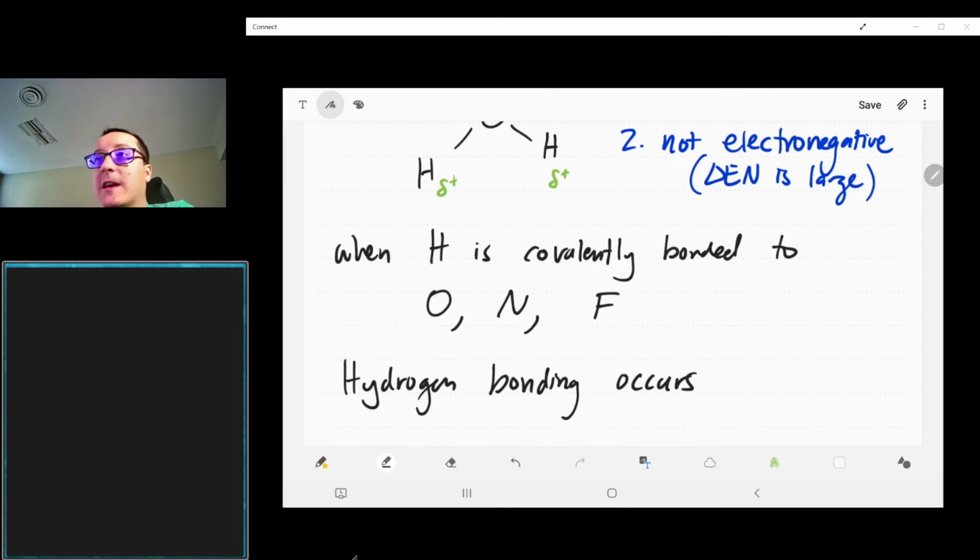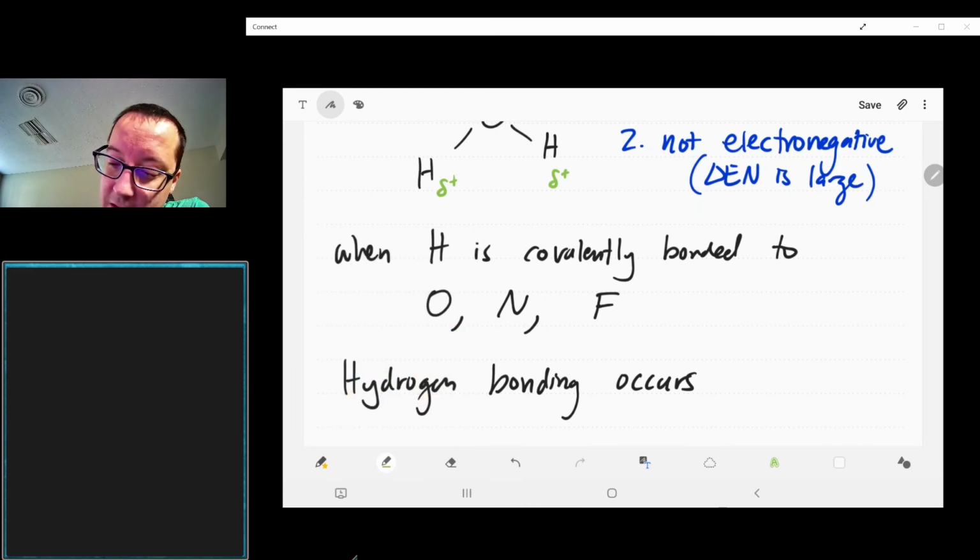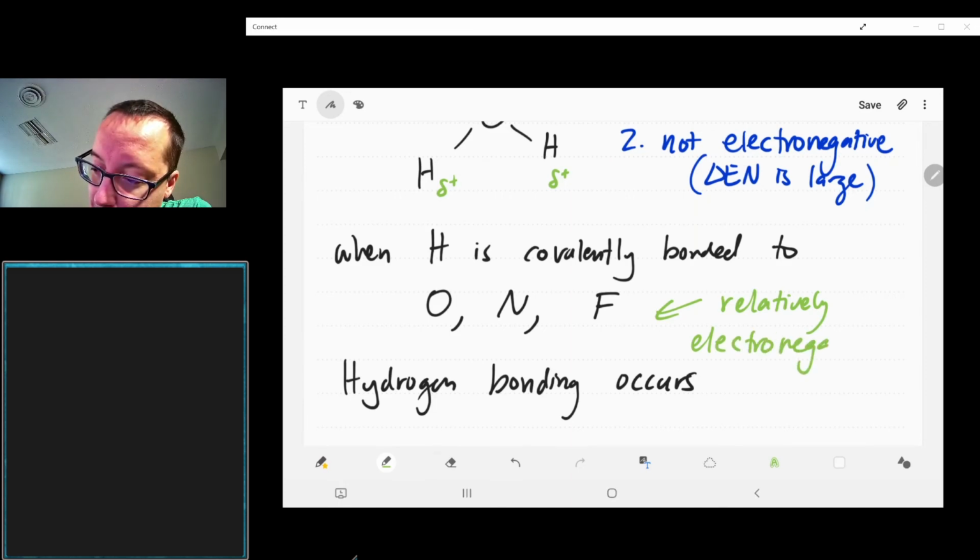And we're only looking at hydrogen that's connected to one of these three elements because these three are all relatively electronegative. Actually, not even relatively. They're absolutely electronegative, right? Fluorine is our most, oxygen is our second most, nitrogen is our third most electronegative element. So we're going to see that between those, we're going to see something called hydrogen bonding happening.